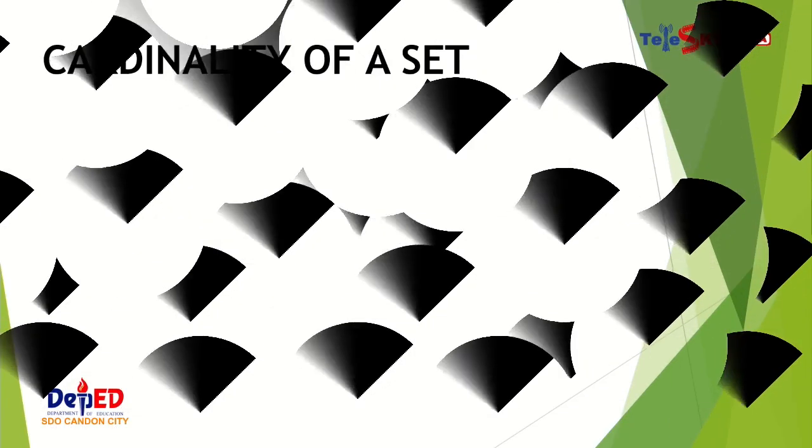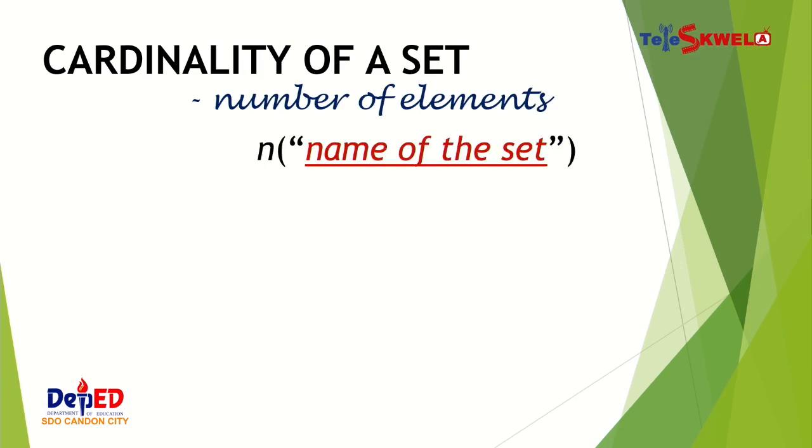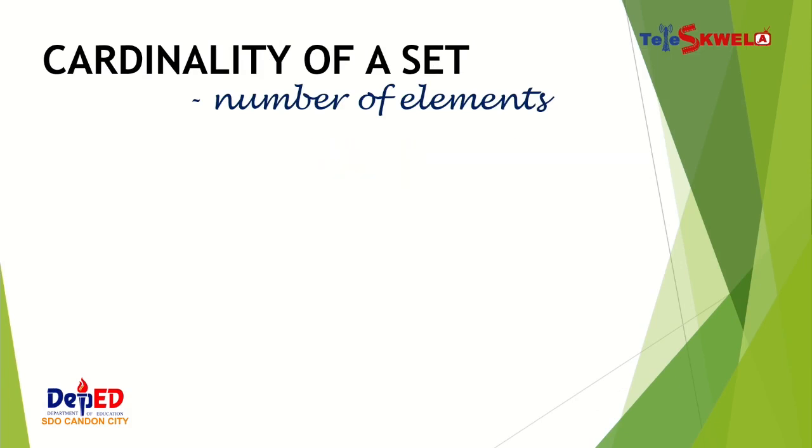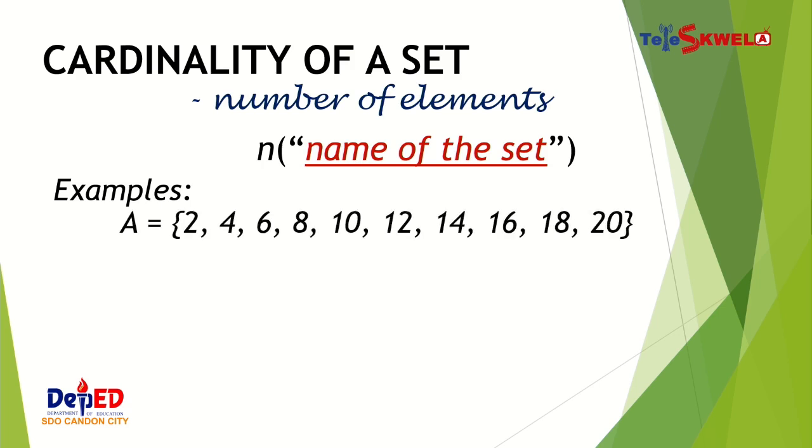Let us now talk about the cardinality of sets. It refers to the number of elements contained in a set. The symbol used to refer to the cardinality of set A is denoted by a small letter n, followed by the name of the set, enclosed in parentheses. Examples: identify the cardinality of the given sets.